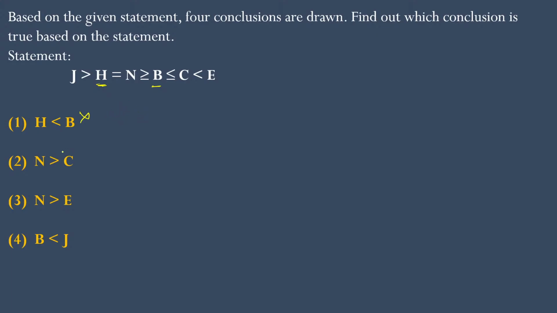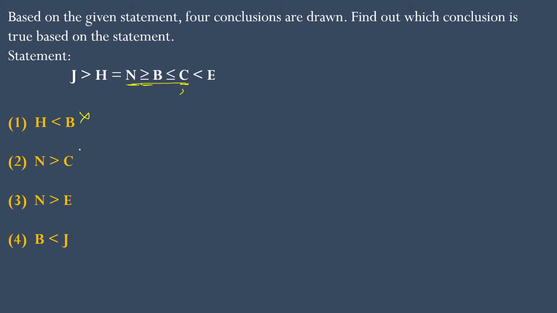Next, N greater than C. Here N is there and here C is there. We cannot define a particular relation between N and C. Why? Because here the greater than or equal to symbol is there, and here the less than or equal to symbol is there.